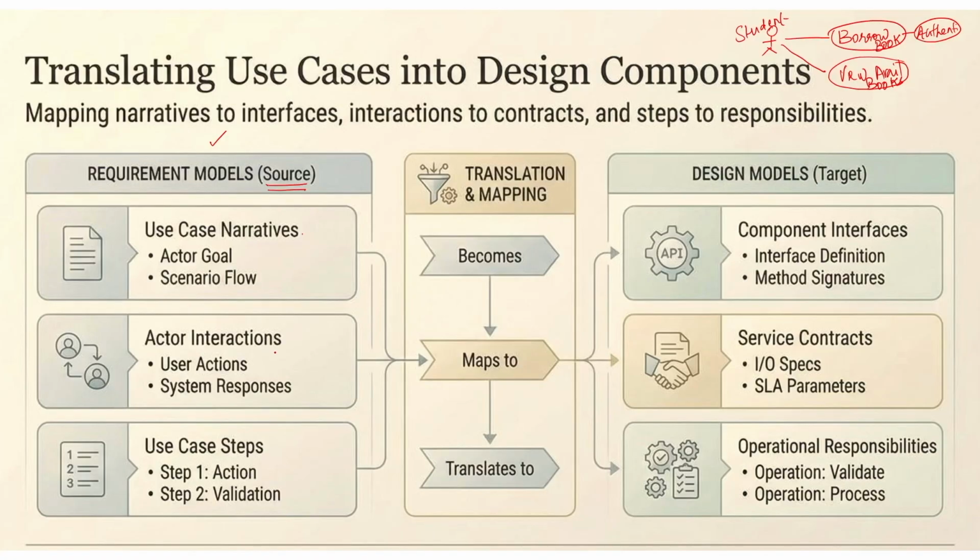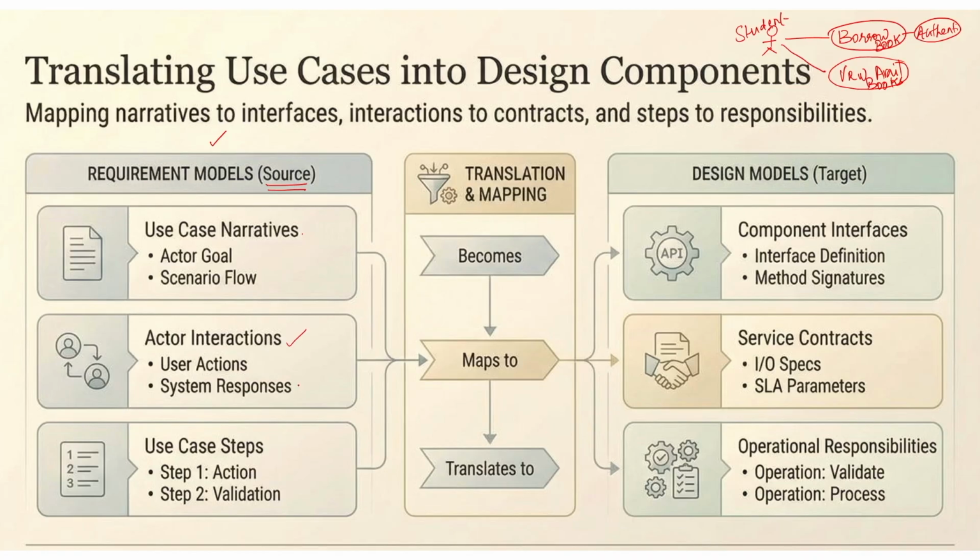So, the user can give the user ID or password or any other barcode. Those are the interactions done by the actor. The actor interactions are the functionalities or the actions taken from the user side.